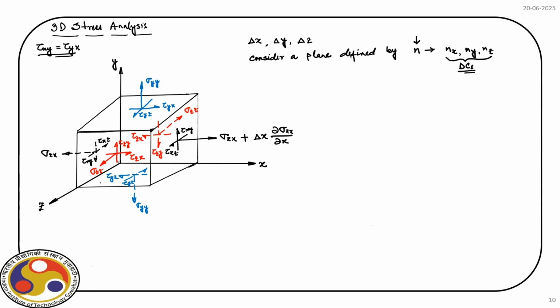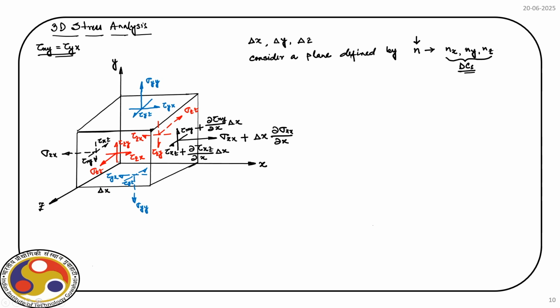As we move over a length of delta x, this will be plus its variation, right. And the last component on the x face, tau x z, will also vary over this length. So, we can write down that expression. Okay. So, now x face is done.